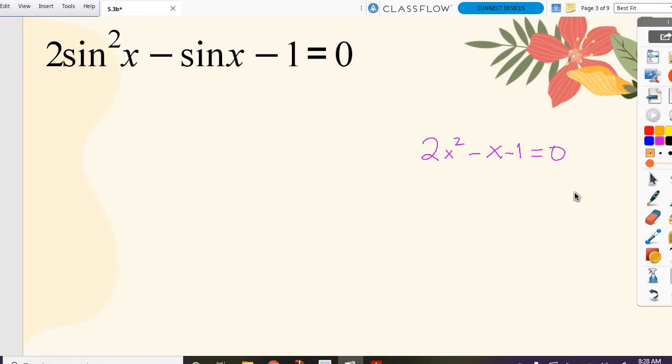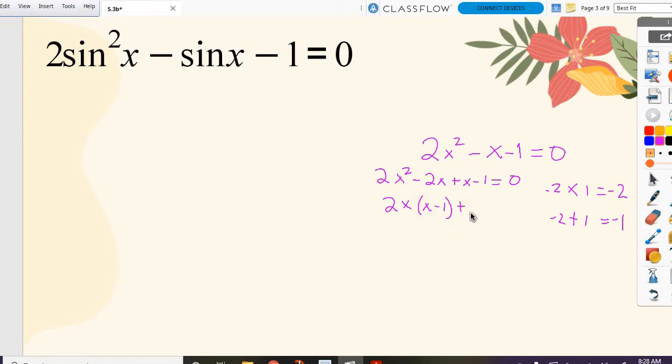So I would say, what's going to multiply to give me negative 2 that's going to add to give me negative 1? Well, that's going to be a negative 2 and a positive 1. And then we're going to factor that by grouping. Remember, I break apart my middle term using the 2 numbers that we just found.